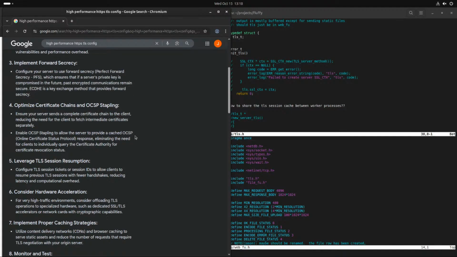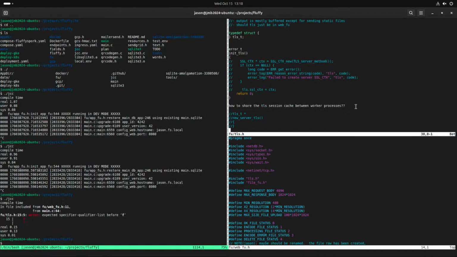But I've had an ongoing question: how are you going to share the cache between proxies?